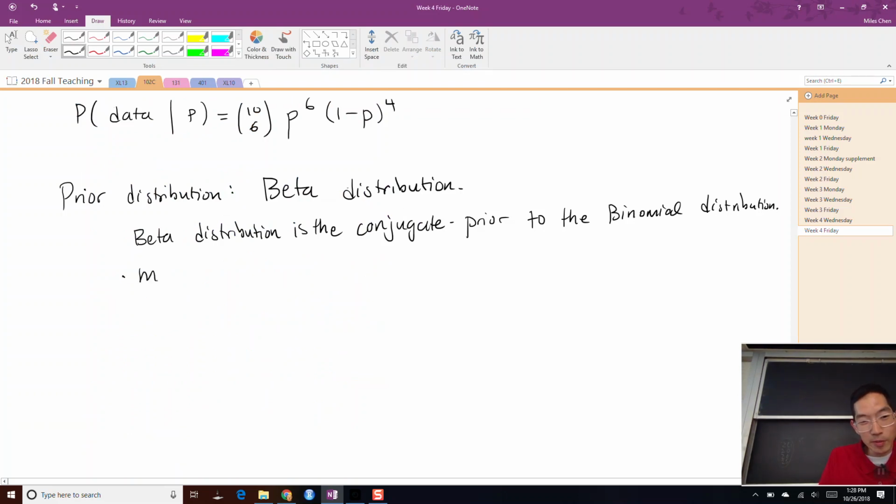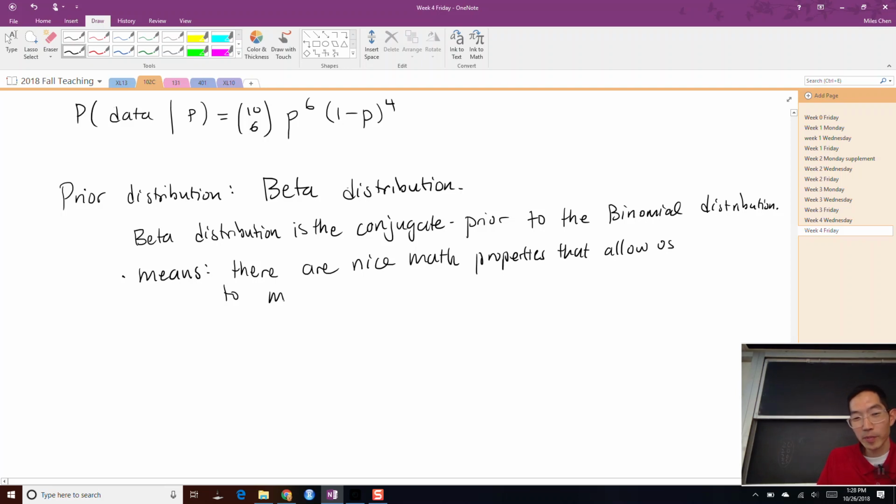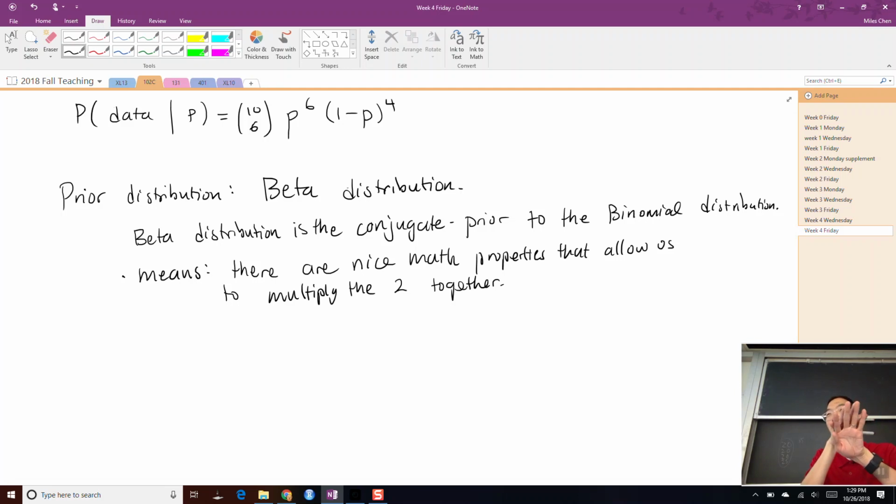Basically, what it means is that there are nice math properties that allow us to multiply the two together. If you use a conjugate prior, when you multiply them, the terms combine nicely. That's basically all it says.